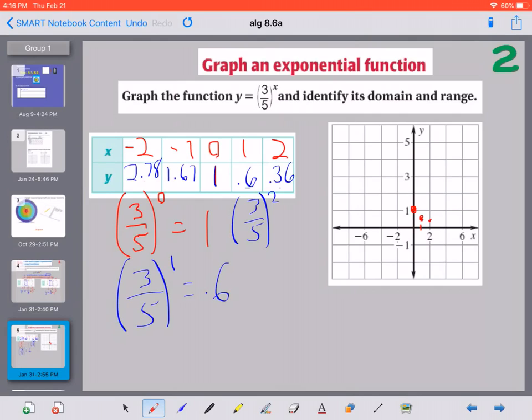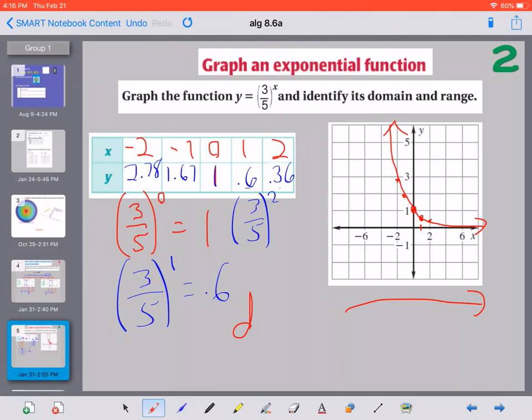At -1, we're at 1.67. And -2, 2.78. So what we have is a decay function, because if we go from left to right, it's going down, it's decaying.